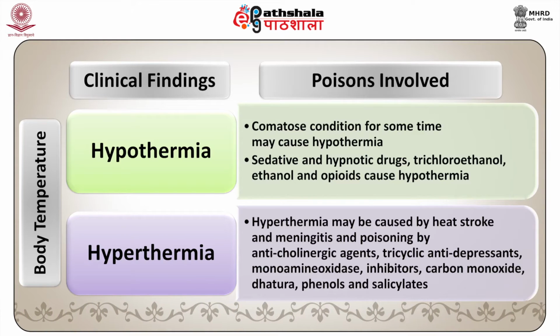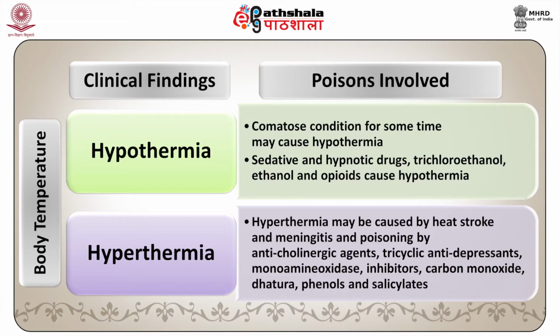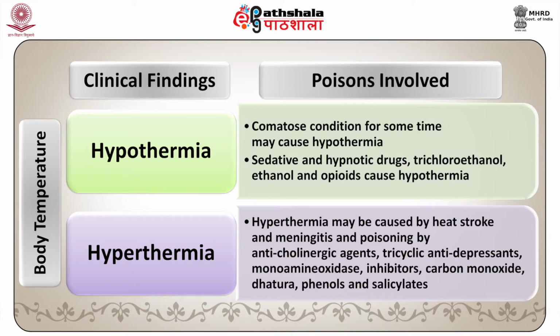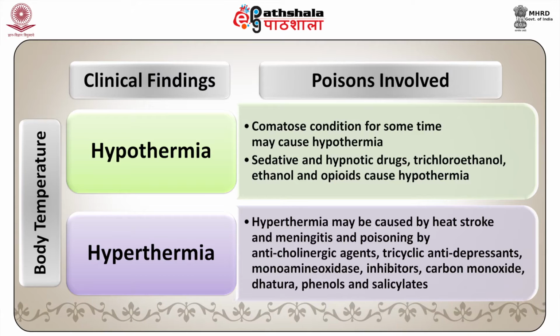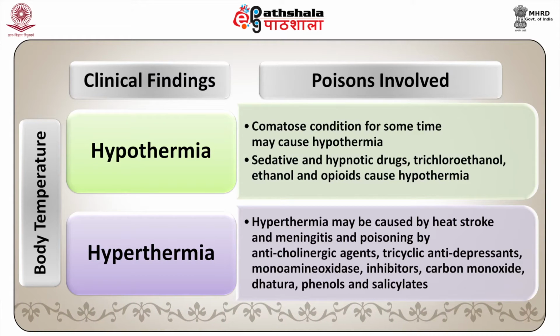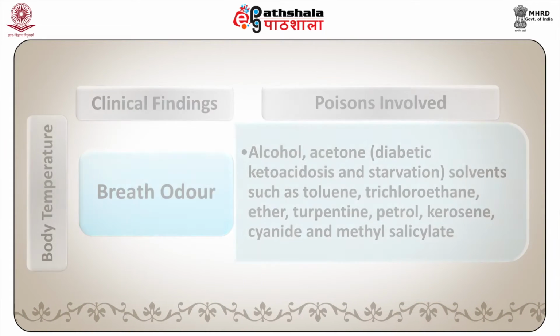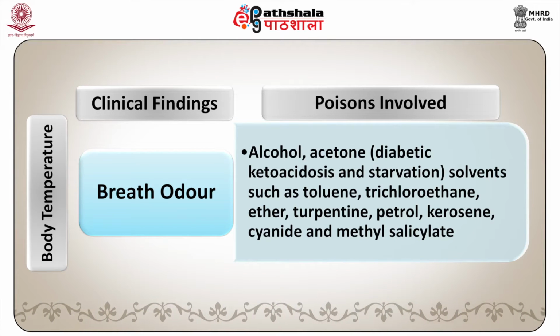Hyperthermia may be caused by heat stroke and meningitis and poisoning by anticholinergic agents, tricyclic antidepressants, monoamine oxidase inhibitors, carbon monoxide, dhatura, phenols and salicylate. Next is breath odor, that is the odor in your breath.